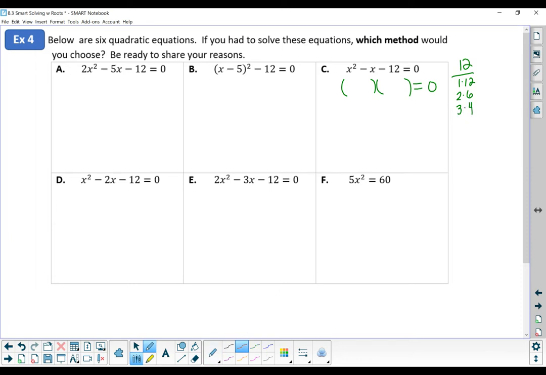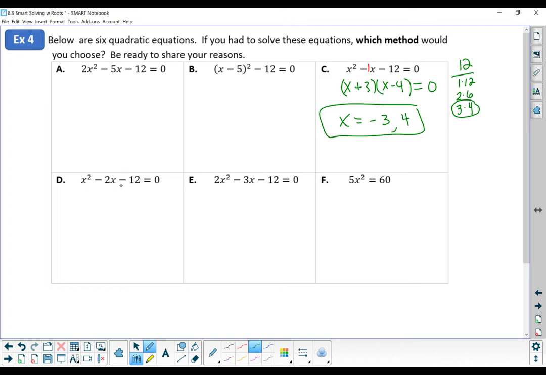And in this case, my quadratic that I'm trying to solve has a negative 1 as its middle coefficient. So I can use a combo of 3 and 4, x plus 3 and x minus 4. So this one is factorable, and factoring doesn't take a lot of room or work to do. So it's a great strategy if it's factorable. So we've got x equals negative 3 and positive 4 as our answers.